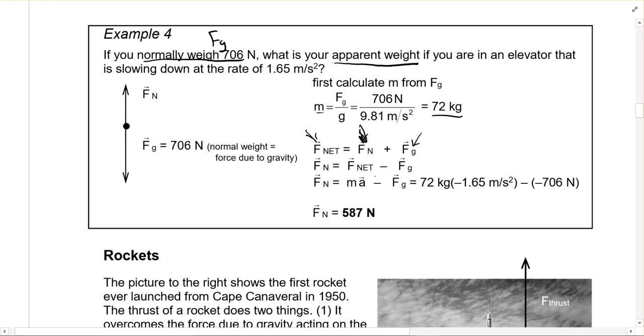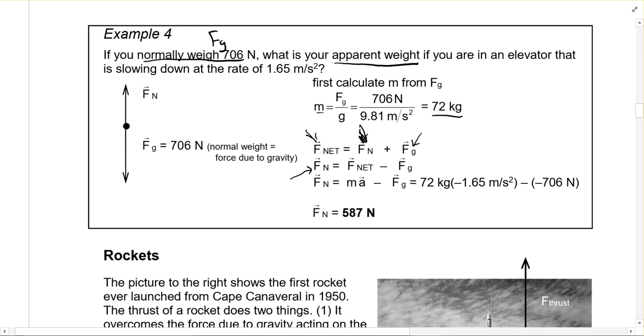I know Fg is going to be negative, so that's where that negative symbol comes from. Oh, sorry, actually I haven't introduced the negative of the Fg yet. That negative comes from rearranging where we have Fn is equal to F net minus Fg. So that's just rearranging the formula so far.